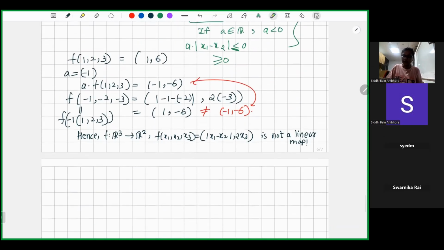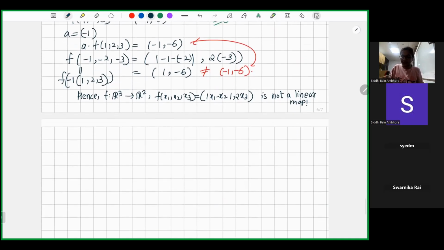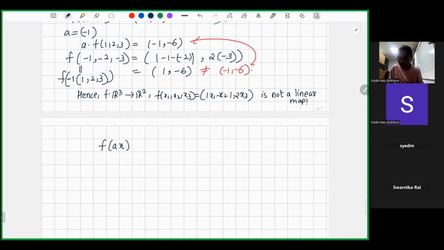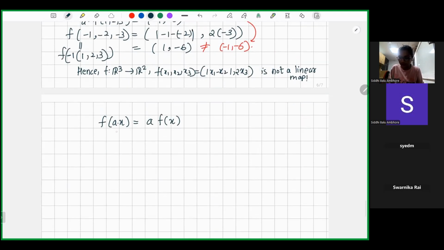So as I said in the beginning, when we check f of ax is equal to a f of x, if my f is from V to W, this scalar multiplication is happening in V, since this is f of some element in V. But this multiplication here is in W. So the way multiplication is defined in both vector spaces is different.